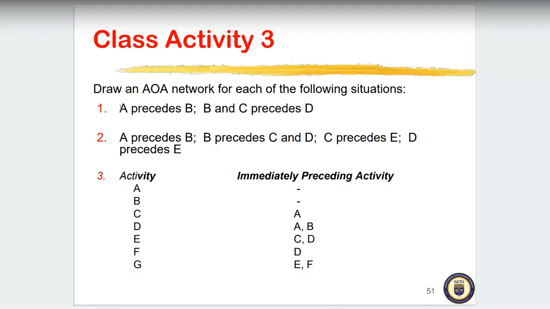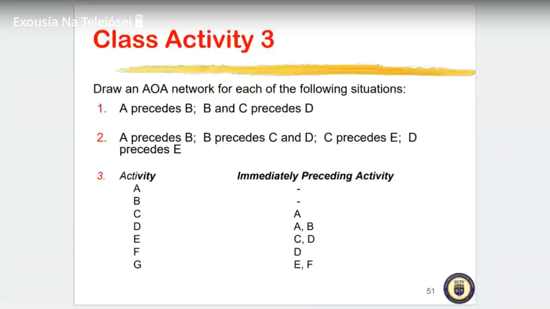So question one says A precedes B, and then B precedes C, and then C precedes D. If I take maybe Paint, let's have a look at what we can do here. We put event one, and I'll put event two here, and A here.